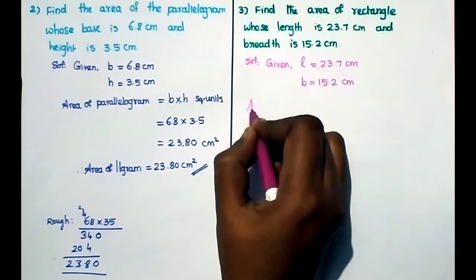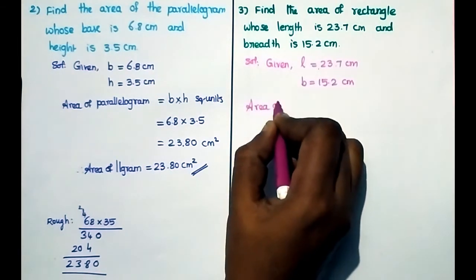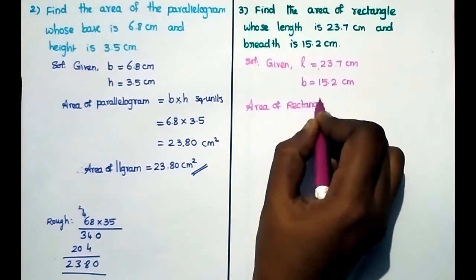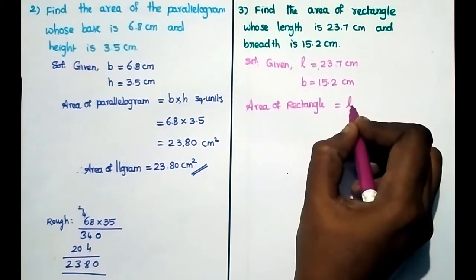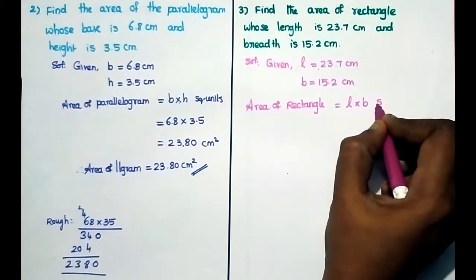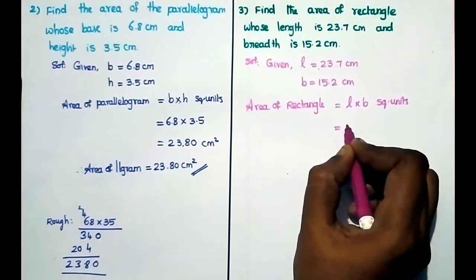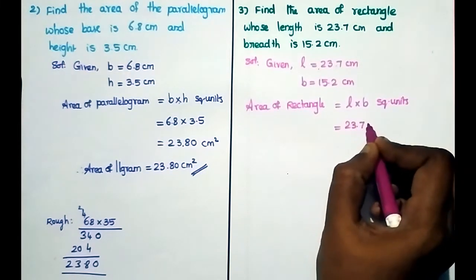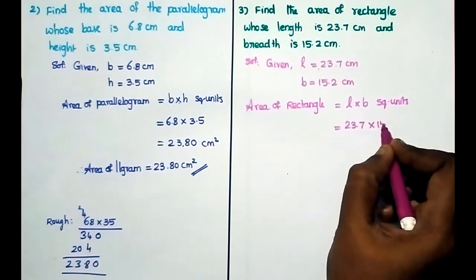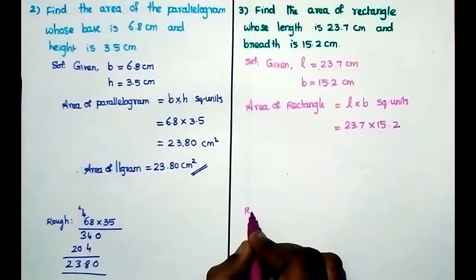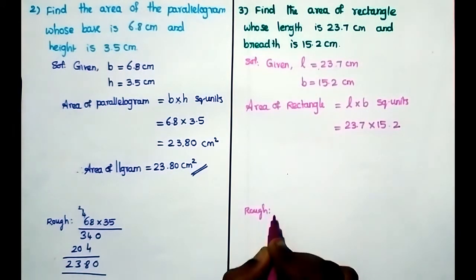Here they ask area of rectangle. Area of rectangle formula is L into B square units. L is 23.7 and B 15.2. Multiply these numbers without the decimal point.